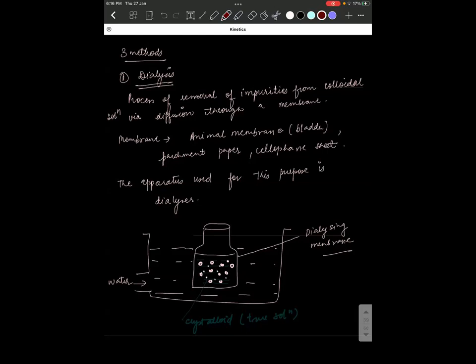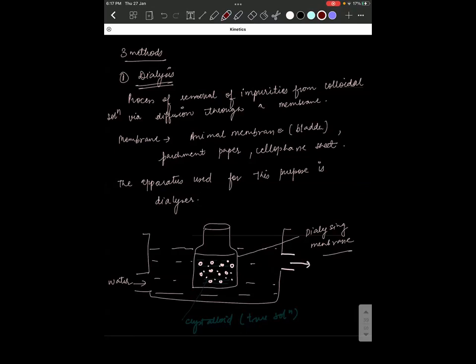Now we want to separate these true solution particles from the colloidal particles, right? Then what are we doing? Here we have a small outlet.